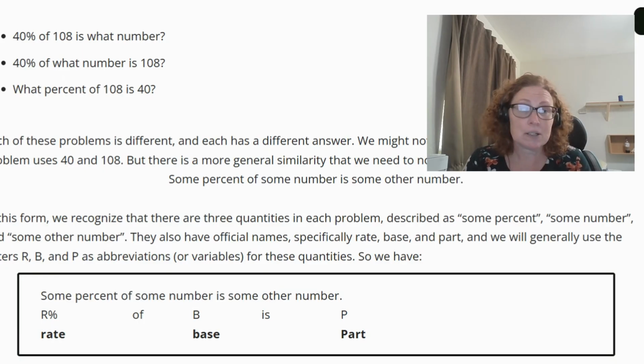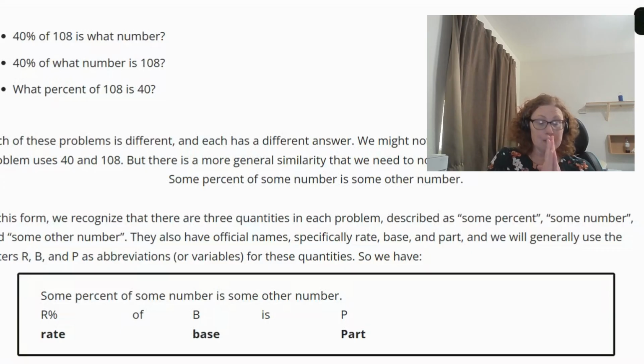So the part is equal to the base times the rate, so P is equal to B times R. The base is equal to the part over the rate, so B is equal to P over R. And the rate is equal to the part over the base, so R is equal to P over B. So yes, we're talking about PBR.